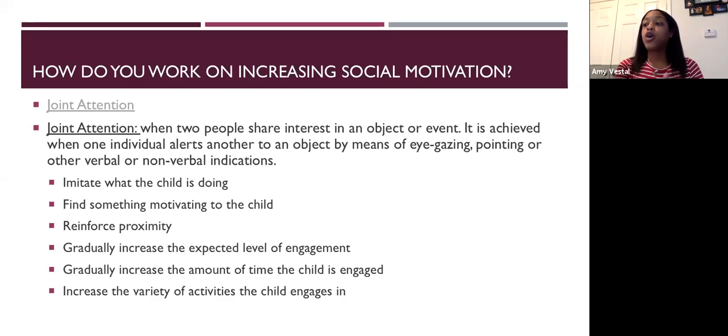So ways to increase eye contact would be to have reinforcers around. I do this a lot with fruit snacks during snack time. I'll do it with toys. So if they want something, if they want this pen, I'm going to say, oh, pen, and look at them. And when they look at me, they get the pen. So really, you're going to do the same thing.